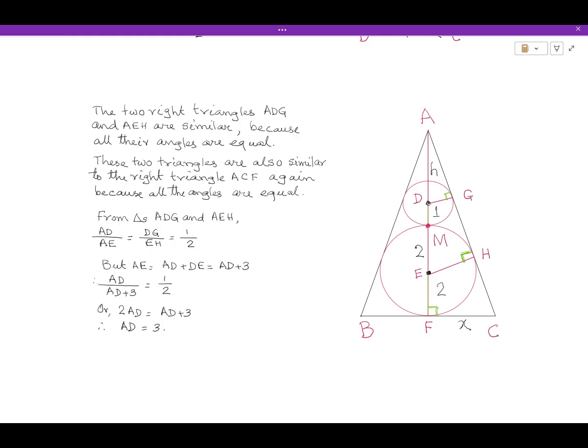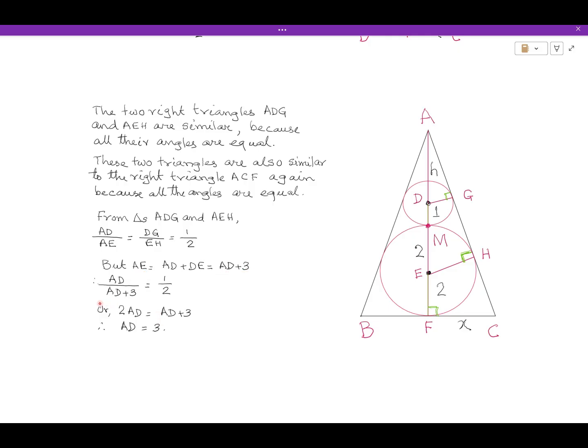But AE, that is this length, is equal to AD plus 3.